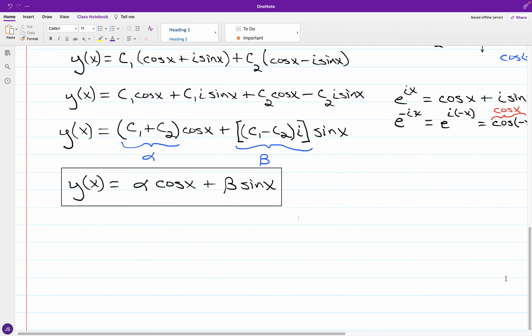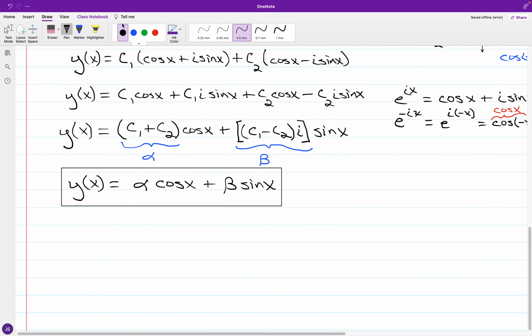Now let's say I'm blending together real and complex solutions. Let's say we have a fourth order derivative of y with respect to x, minus 81 times y is equal to 0.